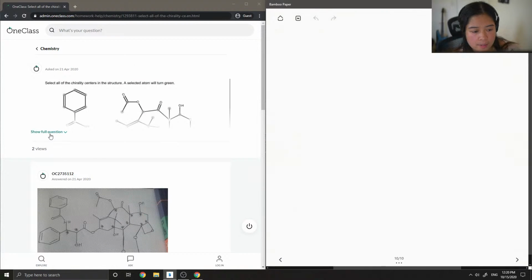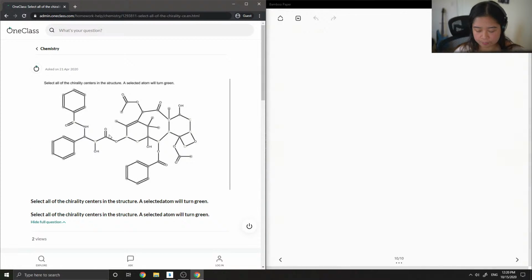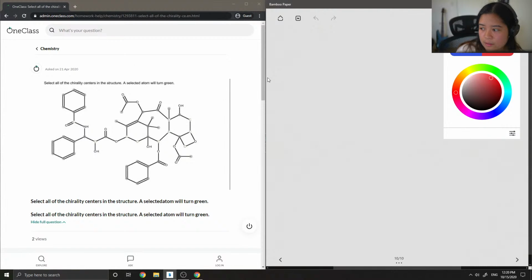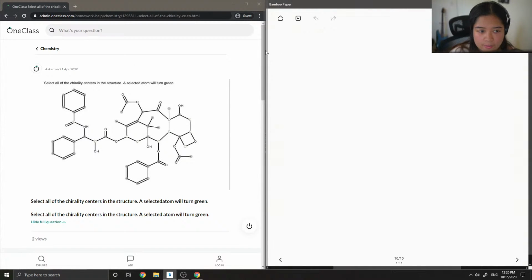Okay, so I think we have time for one more question. I can see already that it's just this large molecule that I'm gonna have to draw in here. So select all of the chirality centers in the structure.